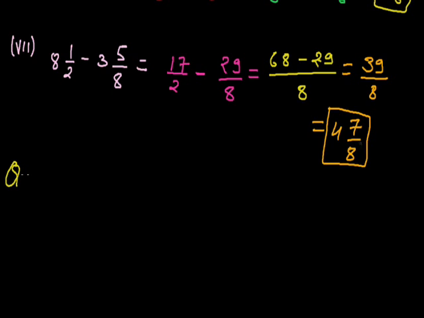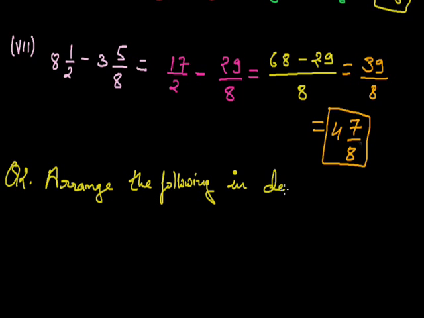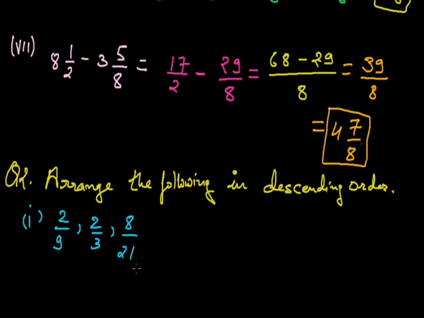Now question number 2: we have to arrange the following in descending order. In the first part we have 2 by 9, then 2 by 3, then 8 upon 21.